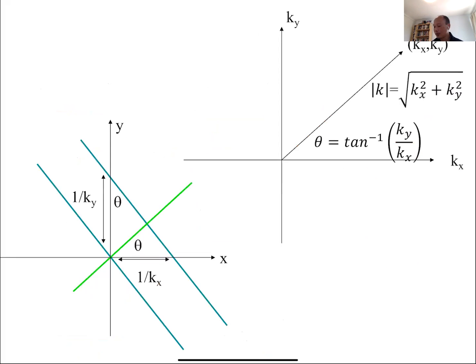So this is just showing that if you do have something in a diagonal direction, this spacing here, you can show is 1 over the square root of kx squared plus ky squared.